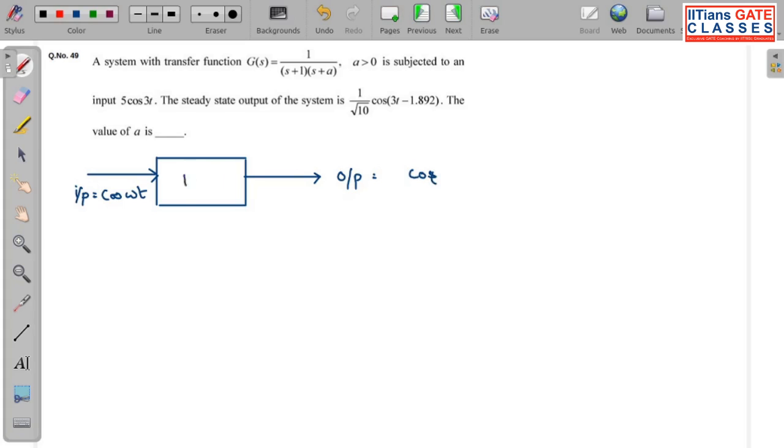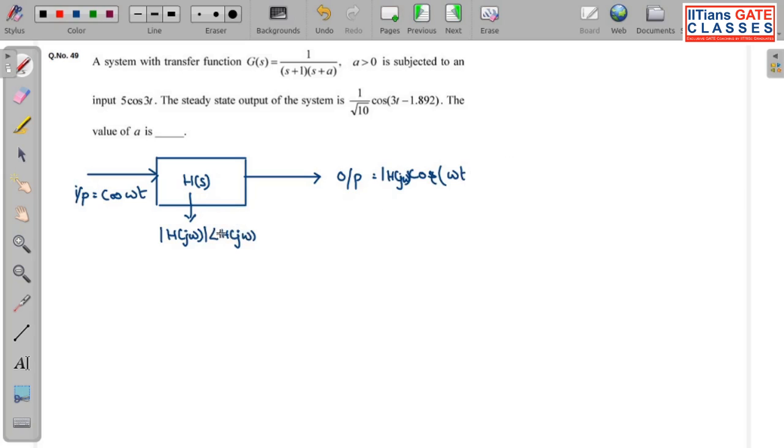If the transfer function is H(s), then its magnitude will be |H(j omega)|, and its phase will be the angle of H(j omega). So the output will have magnitude |H(j omega)|, and the phase will depend on the sign of the phase of the transfer function.